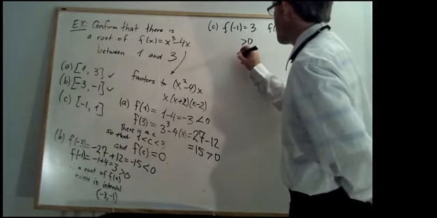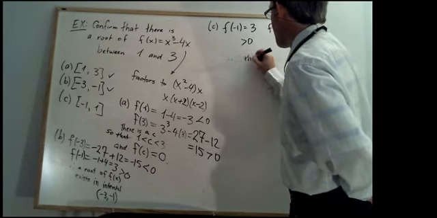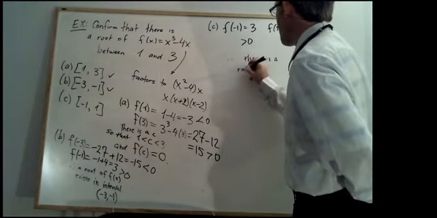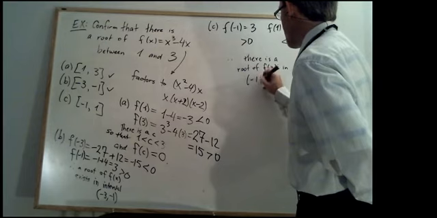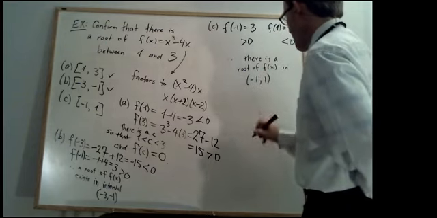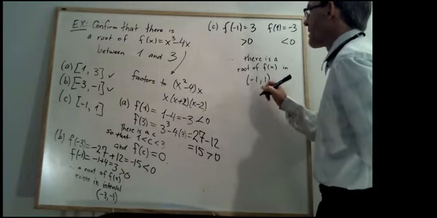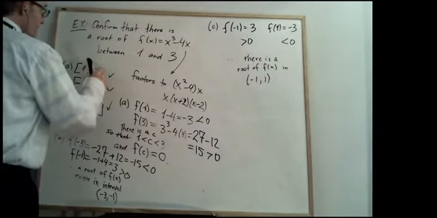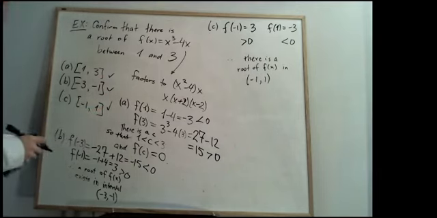That will give us a root between minus 1 and 1. Okay. So in particular, that root would be 0. Oh, sorry, this is 2, this is minus 2, and this is 0. Okay.